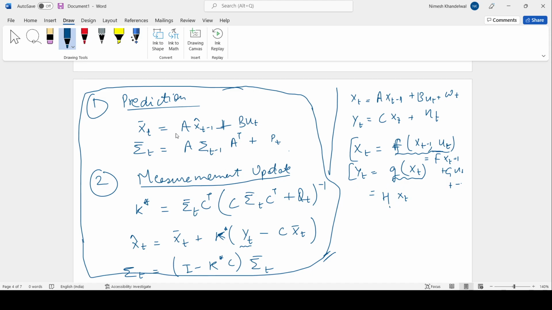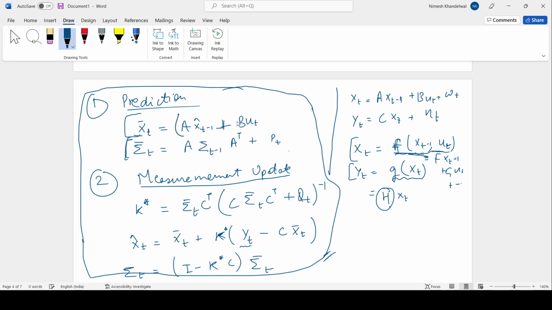So in prediction, you use the nonlinear model, but when you're updating the variances, you use the linearized values.